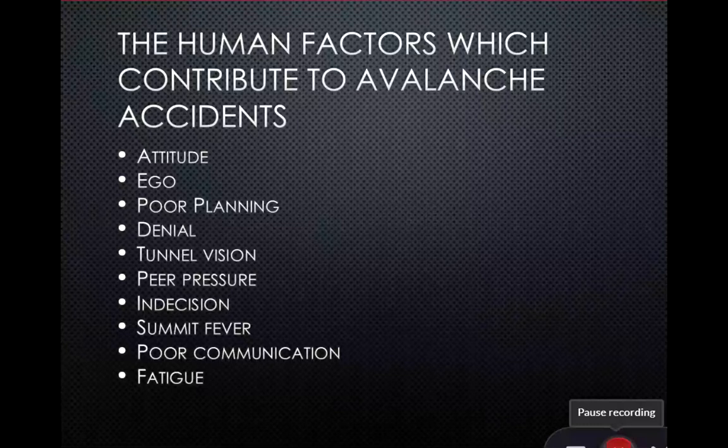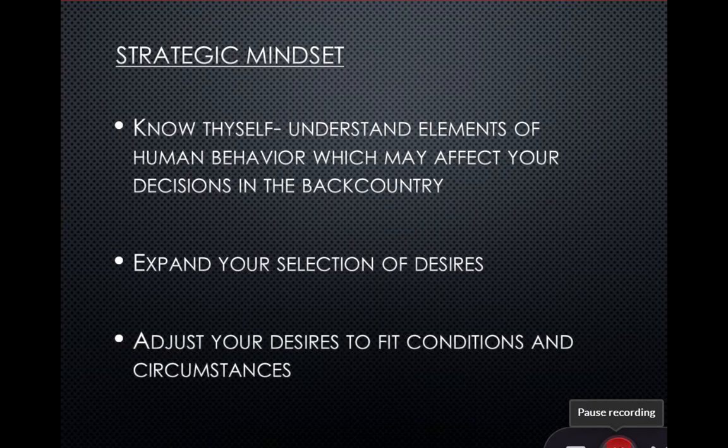One of the tools that I found especially useful in not having my human factors come into play is called strategic mindset. One of the big keys to strategic mindset is to know yourself. Know which things in you are likely to affect your decision making in the field.